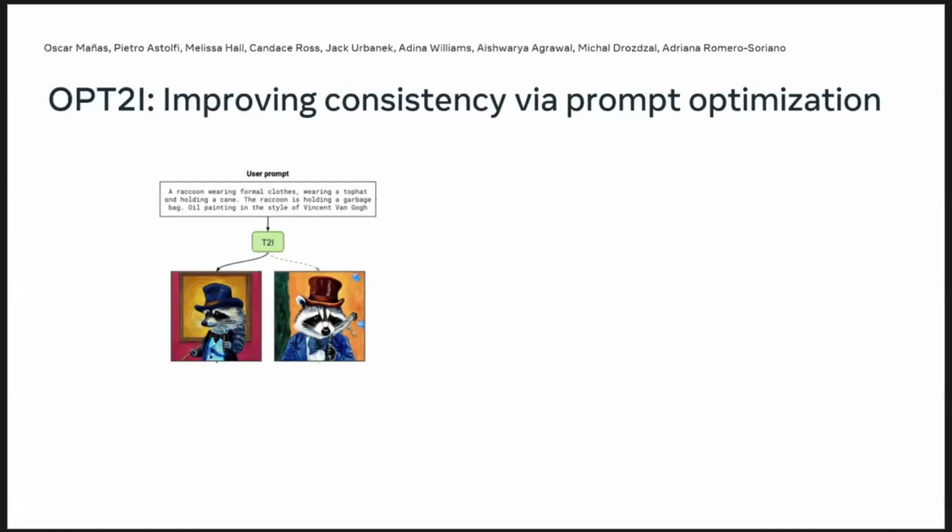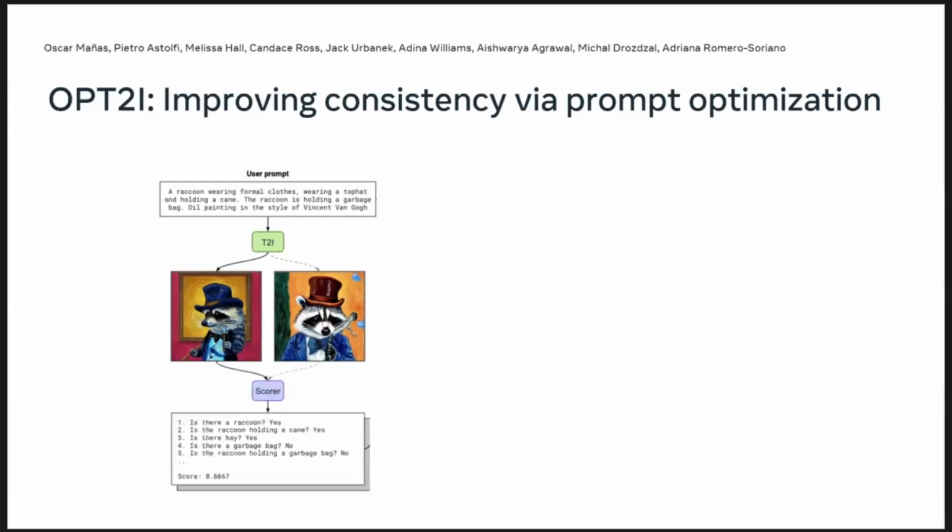From these generations, what we can do now is feed them to a scoring function. That would be a prompt generation consistency scoring function that would tell us how consistent the generations are with respect to the input prompt. In this case, I'm depicting a scoring function based on a VQA model that tries to answer whether different elements of the prompt were contained in the image.